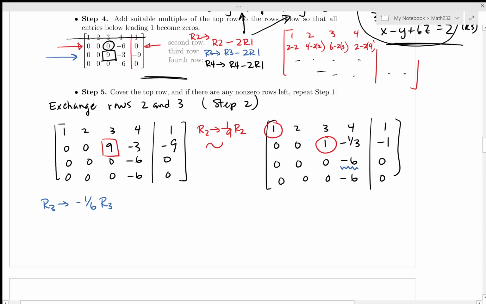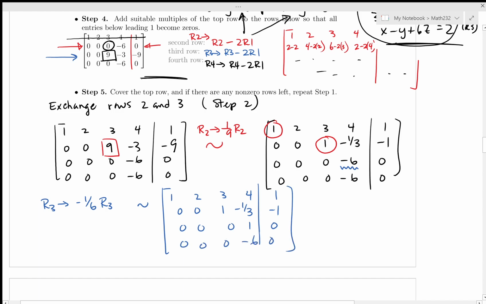So I'm multiplying both sides of that equation by minus 1/6, and I get the next version of this system of linear equations. I haven't changed row 1. I have not changed row 2. And I have multiplied this by minus 1/6. And I haven't changed row 4. There it is.